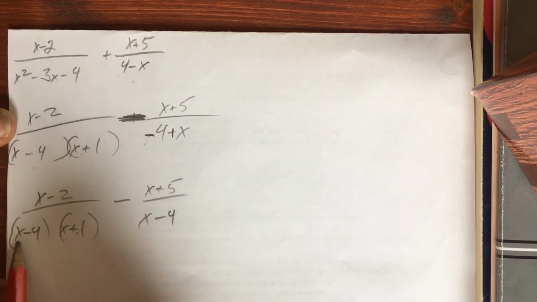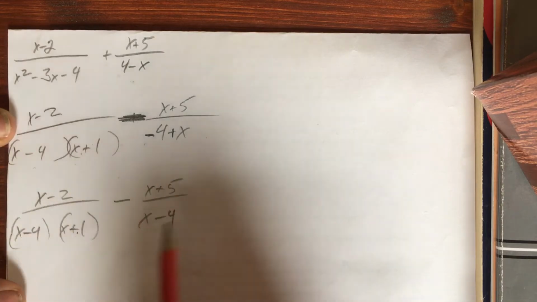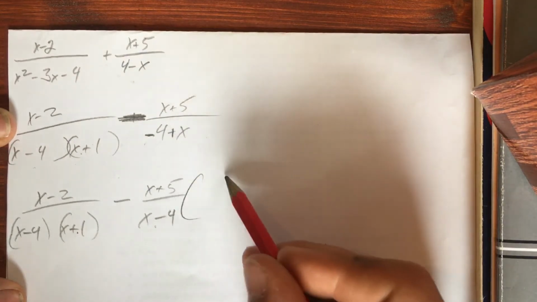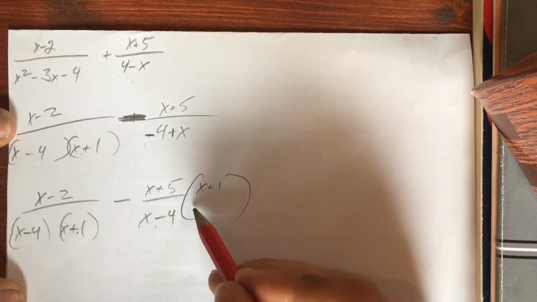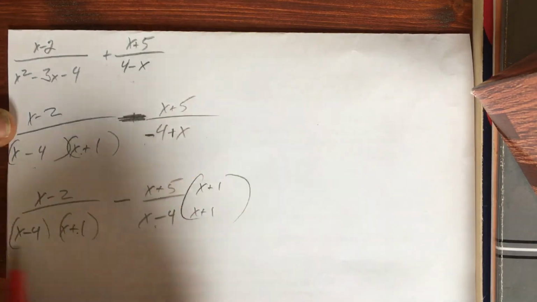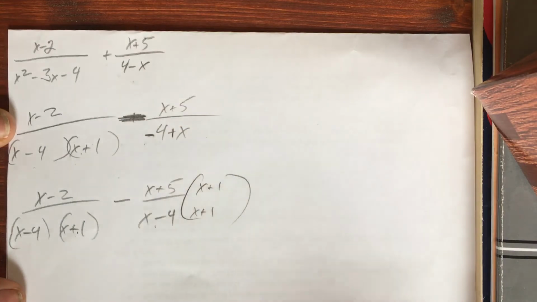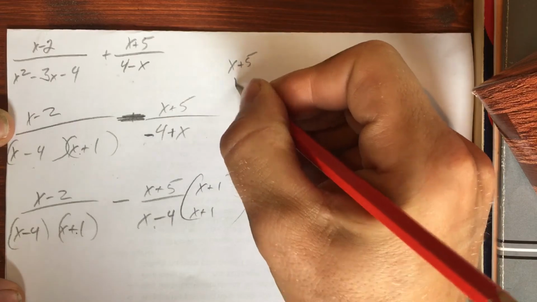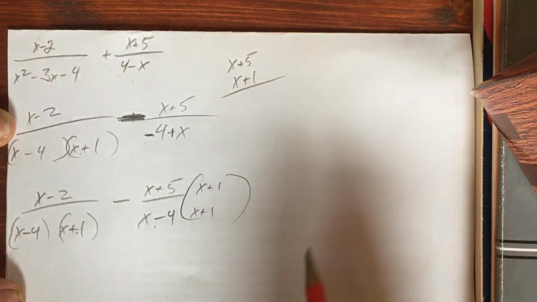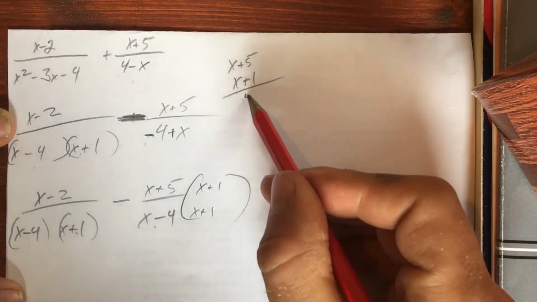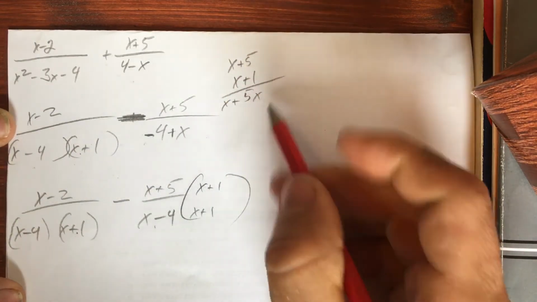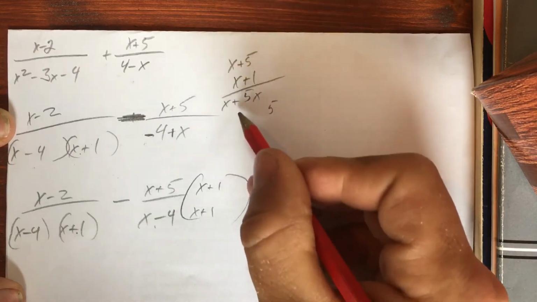Now we see that we've got x minus 4 times x plus 1 on the denominator here. Here all we have is x minus 4. So let's take this guy and multiply him by x plus 1 so that our denominators are alike, and we can then subtract the numerators. So let's take x plus 1 times x plus 5. I'm going to work it up here. x times 5 is 5x, x times x is x squared, 1 times 5 is 5, and 1 times x is x.